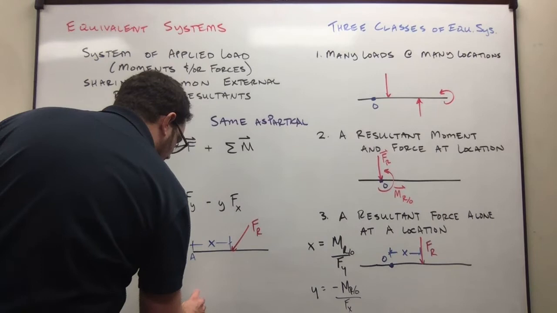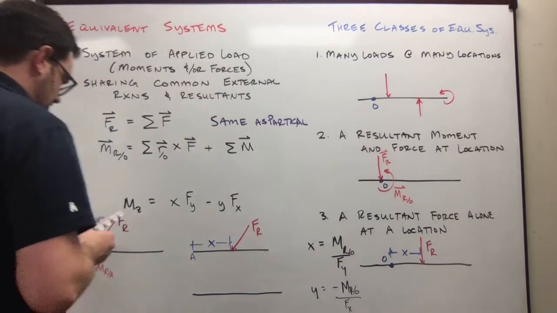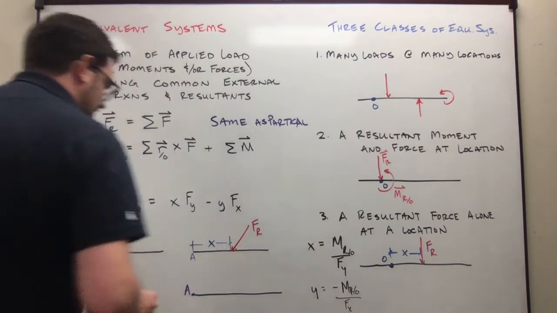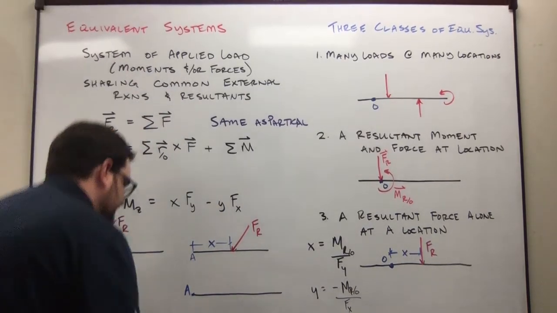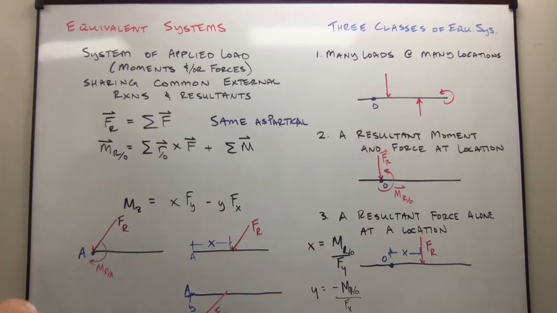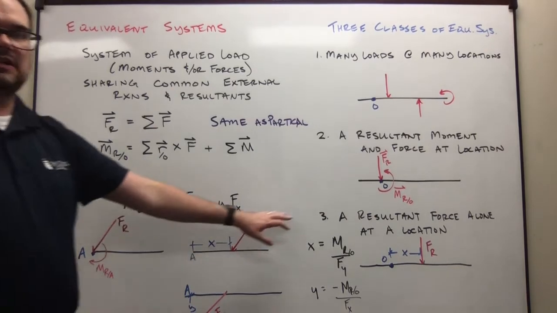So if I were to draw another equivalent system, point A, I would have my force, FR would be down here now, and this would be my y distance. Something like that. So that would be another equivalent system of the third class.